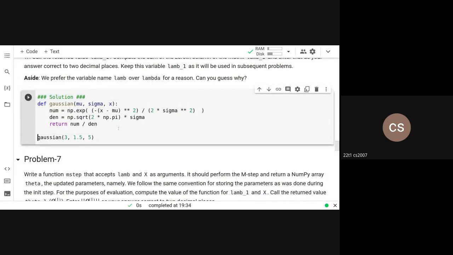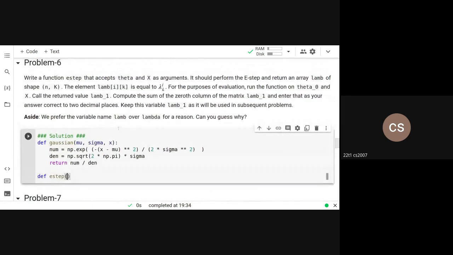This is needed for me. And now the E step. The E step requires what all? It needs theta and x. So let's take x and let's take theta.